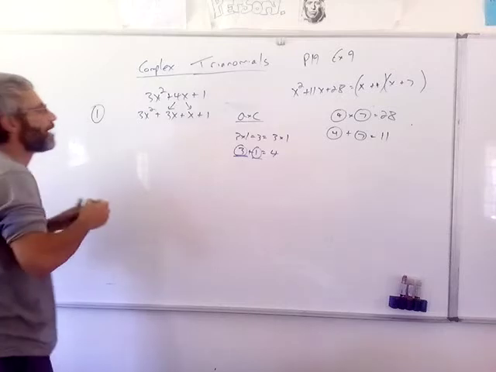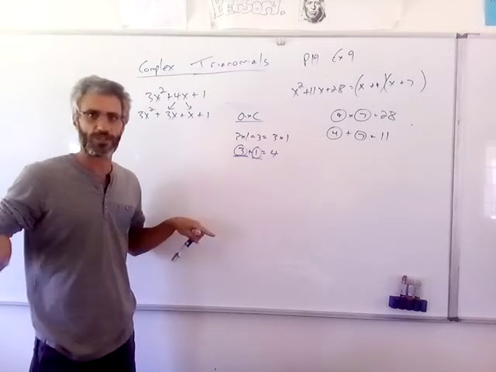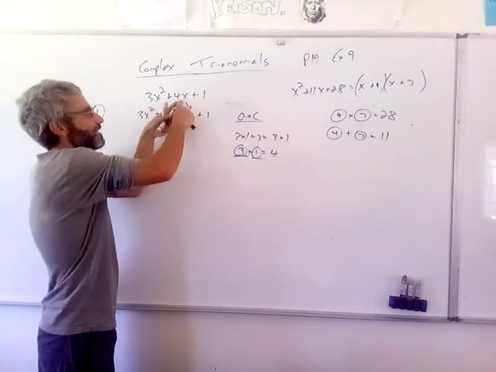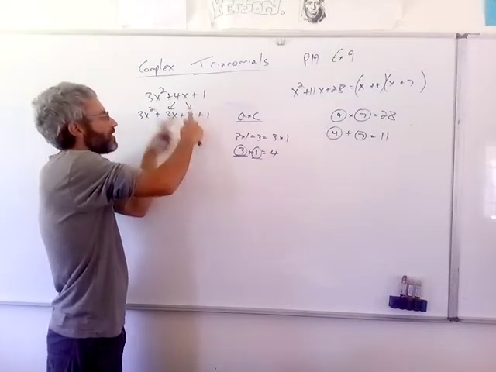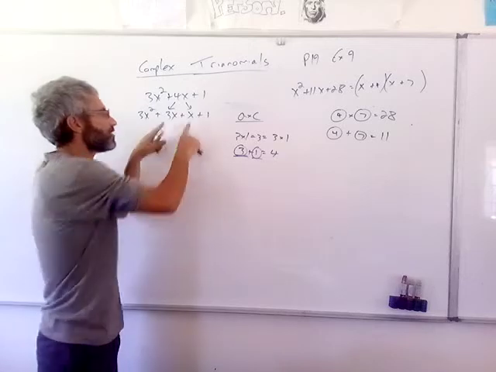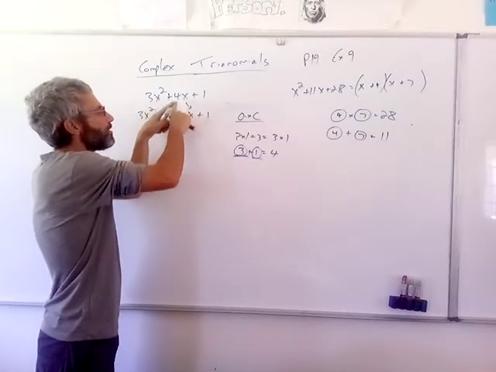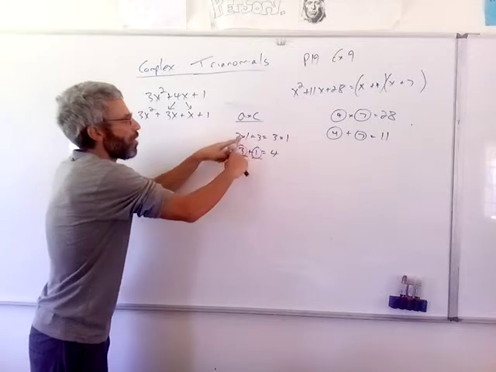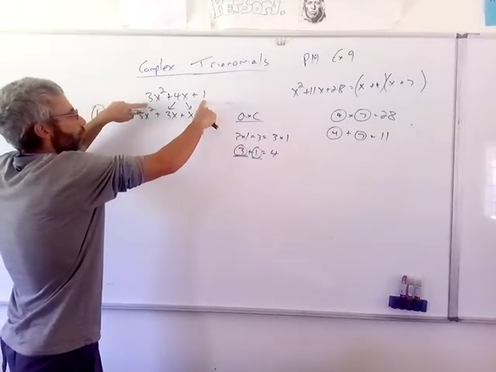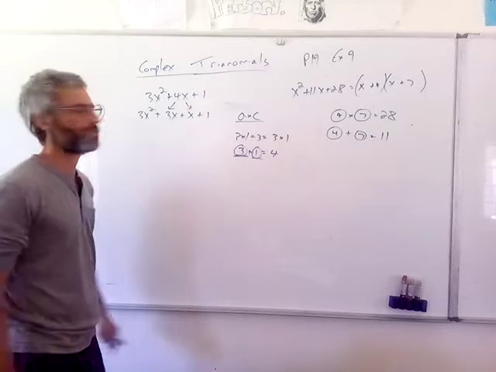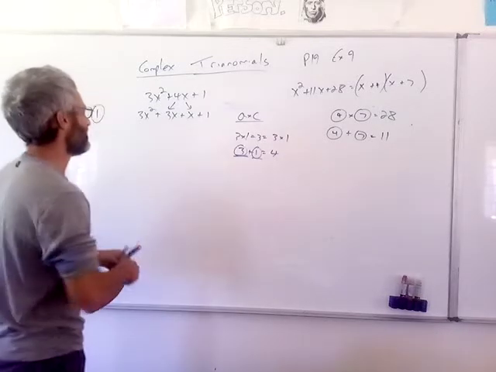I split that middle term into two separate terms that will obviously add up to what it's supposed to be. I can't add up 3x and 2x because that's not going to add to 4x. You need two x terms that will add up to 4x. But if you multiply the 3 times 1, it must be equal to the a times the c. I know it's a bit tricky. This is very tricky.